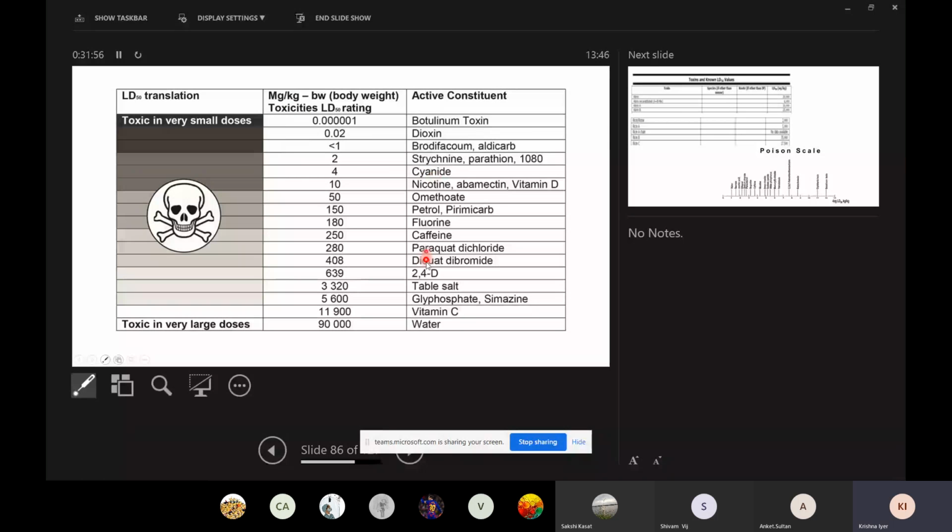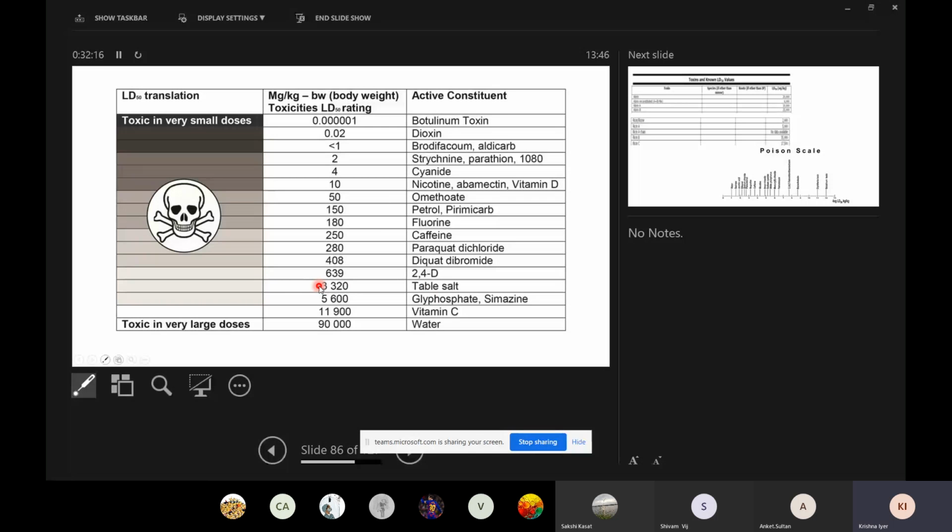Just to give you a feel, anything which you think is safe is also toxic if you take too much. For example, if I take salt to the extent of 3,320 milligrams per kilogram, that basically means 3 grams per kilogram.